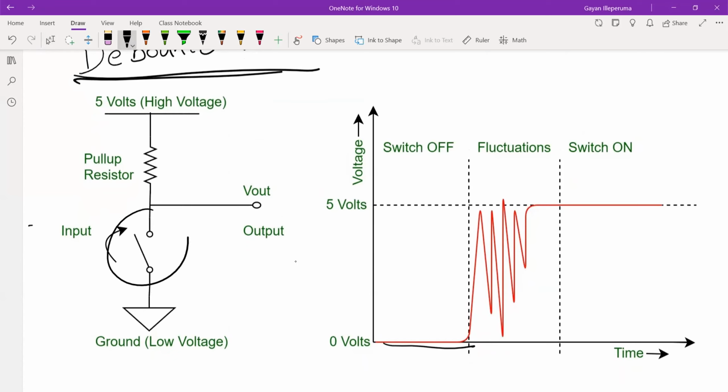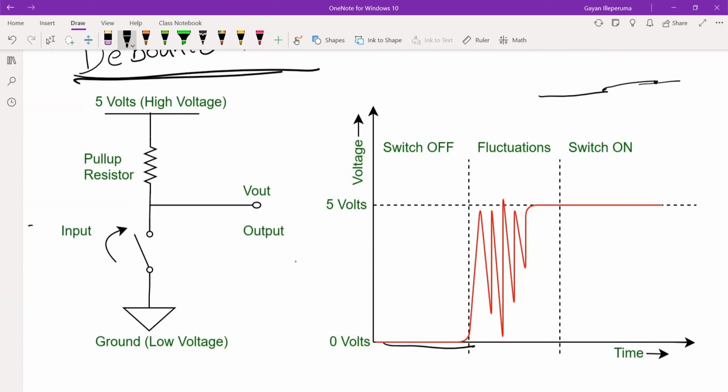Now let's say you have a switch like this. In the ideal case, when you switch it on and off, you will have a very sharp step like this. On to off, very crisp transition. Unfortunately, these switches are mechanical switches. So there will be some small vibration when you are switching it on and off.